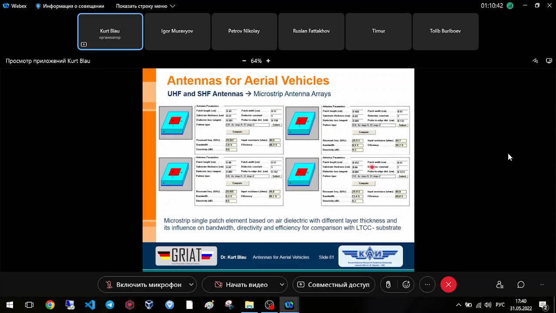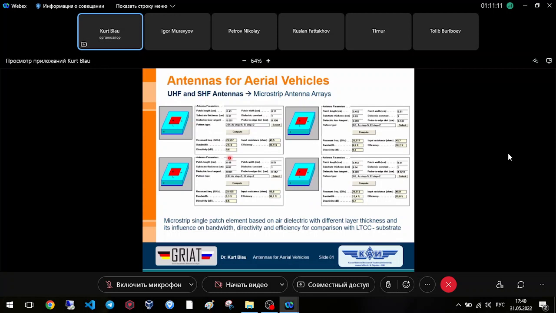You can see here that the dimension of the patch elements is much larger, about 4 times larger than in the case of this LTCC substrate. So the so-called radiation area, the radiation aperture, is larger than in the case of the LTCC substrate. And this makes, in principle, the directivity larger in comparison with this high permittivity substrate.